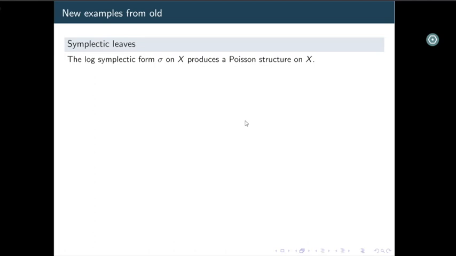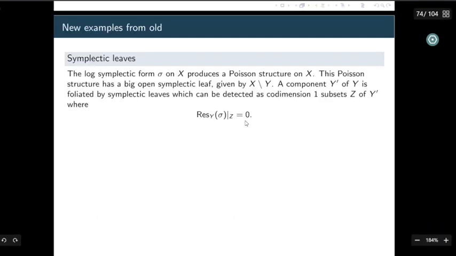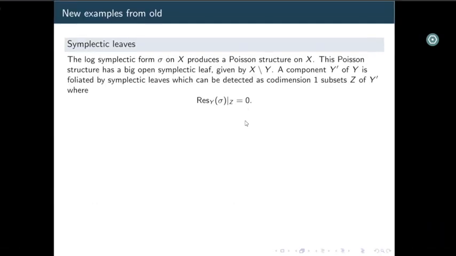A log symplectic variety also has the structure of a Poisson variety, so you get a Poisson structure on X. You can look at the symplectic leaves of this Poisson structure, which are maximal subvarieties where the Poisson structure gives a symplectic structure. There's, of course, the big open leaf in this variety, which is the open subset X minus Y. Then the log symplectic form just becomes a symplectic form if you take the complement, since there are no log poles to worry about.